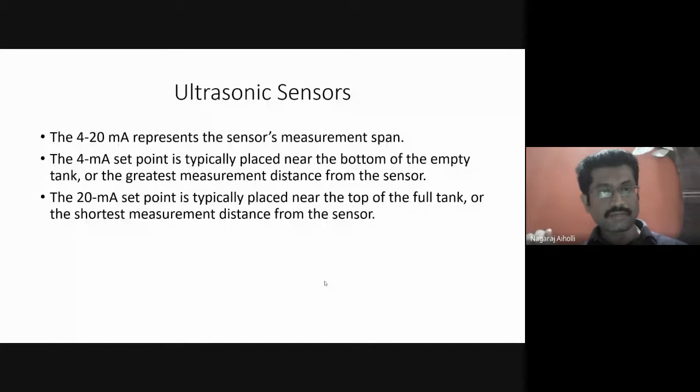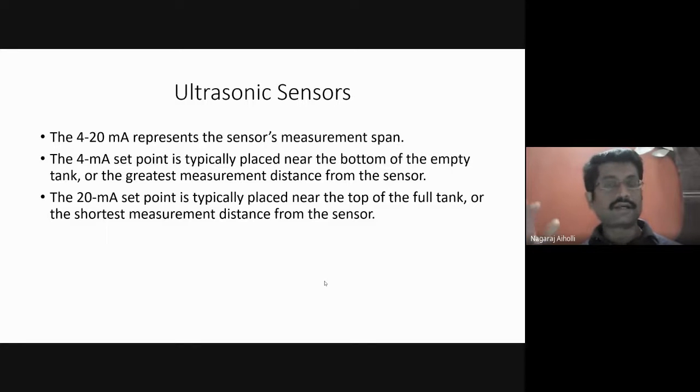And if the tank is full, the distance from the top of the liquid to the sensor is less. Because of this change in distance, the sensor is able to identify whether the container is empty or full.